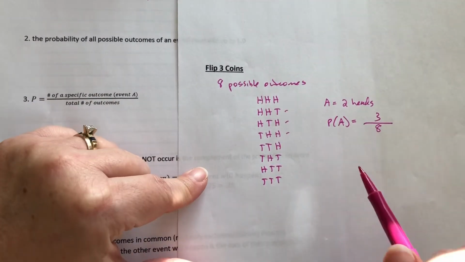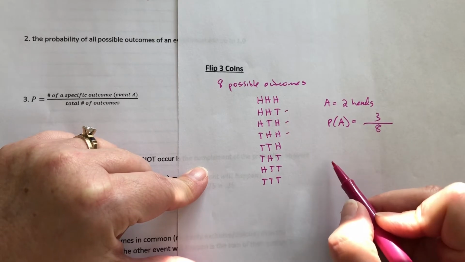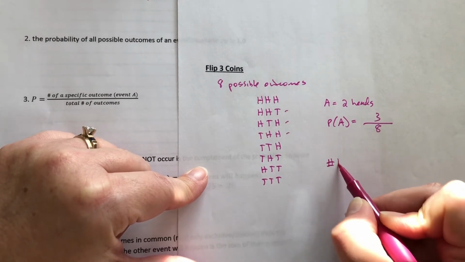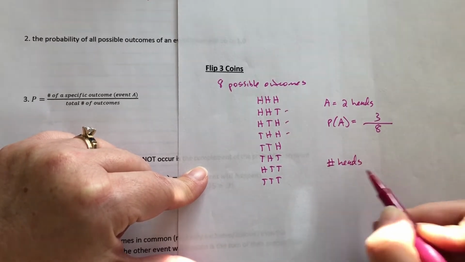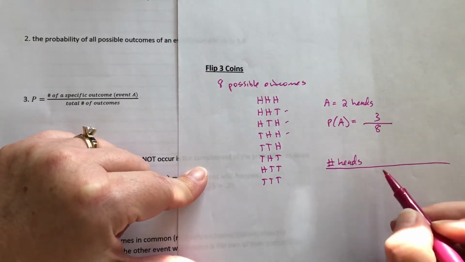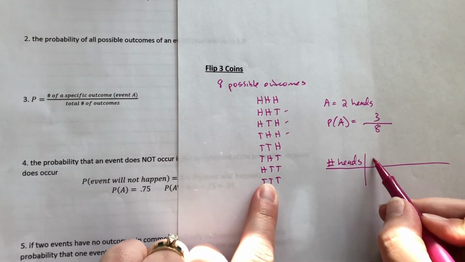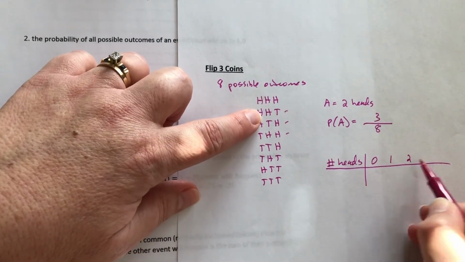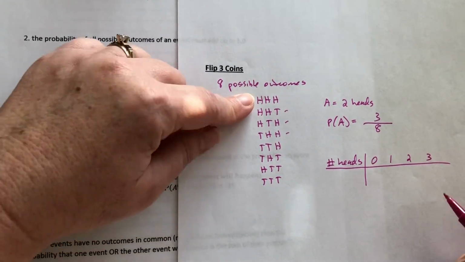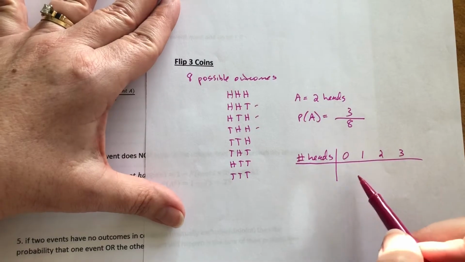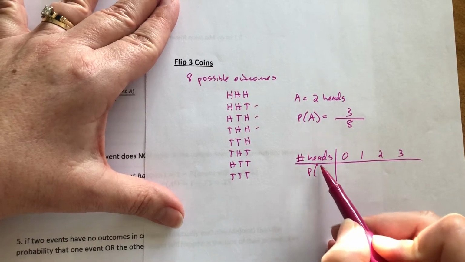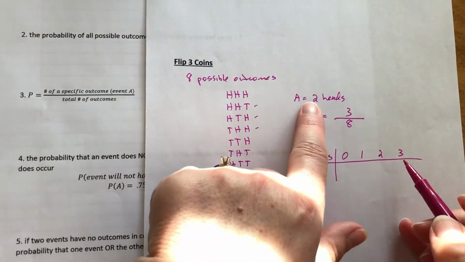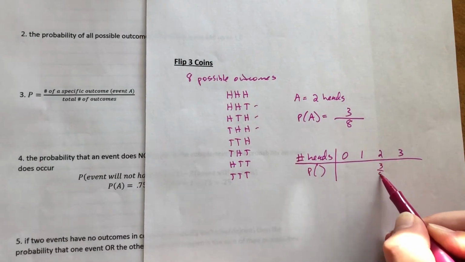Now I can create a probability model where I have the number of heads when I flip 3 coins. The number of heads is either going to be 0 heads, 1 head, 2 heads, or 3 heads. I already know the probability of getting 2 heads is 3/8.